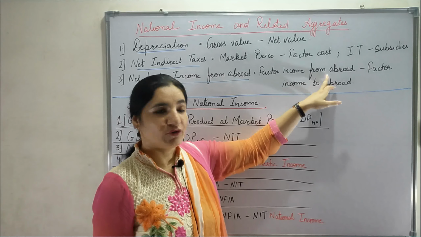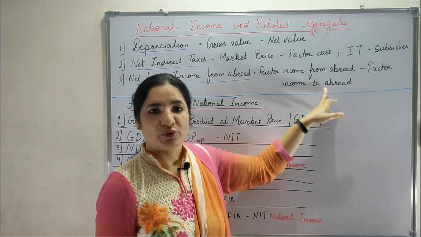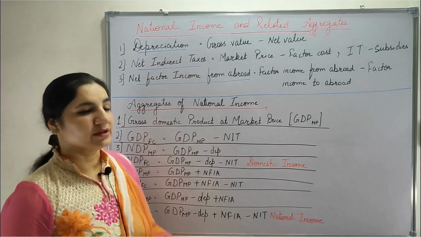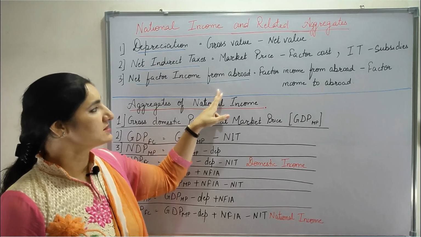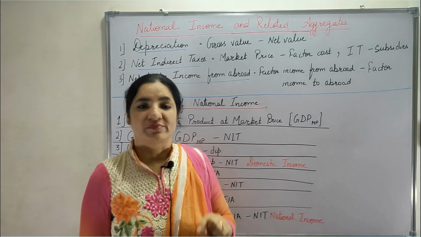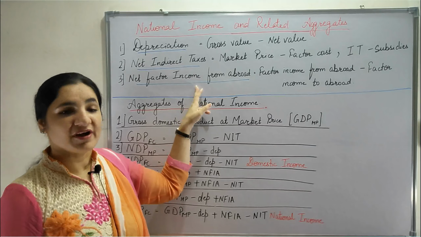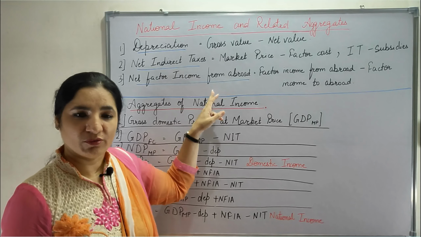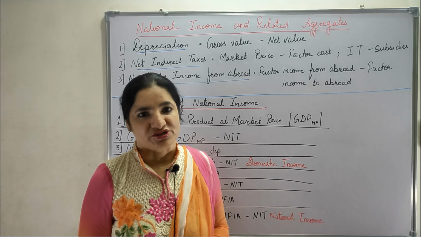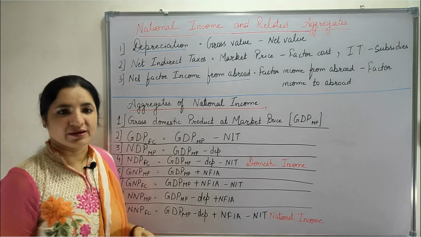So this is inflow, factor income from abroad, and outflow is factor income to abroad. The difference between these two is called as net factor income from abroad. This is important to understand and to arrive at the concept of domestic and national. When we add this NFIA, that is net factor income from abroad, to domestic income, we will arrive at national income.